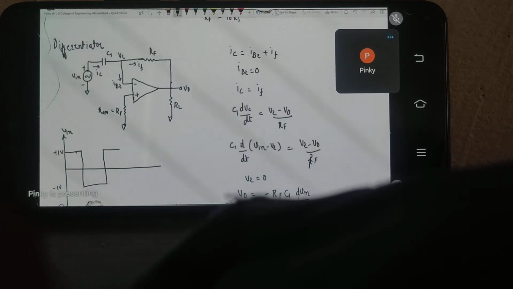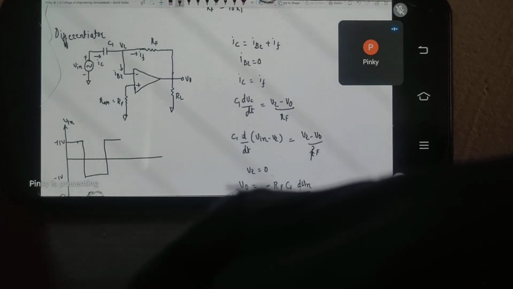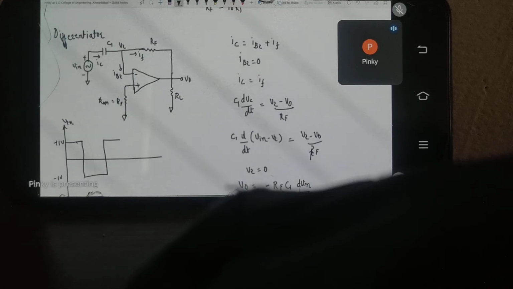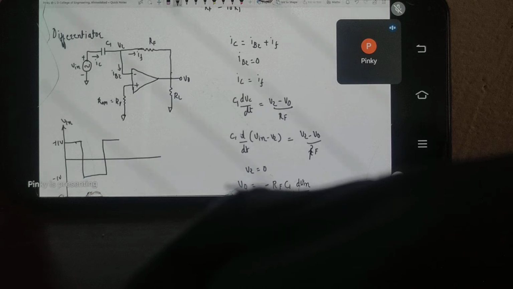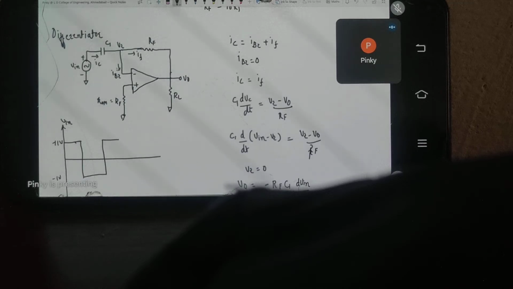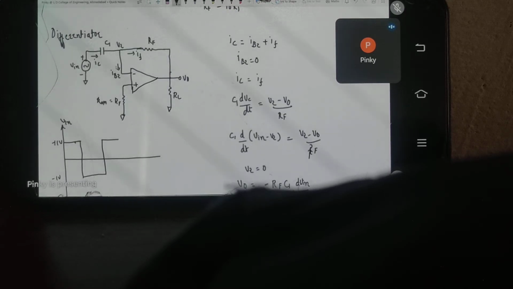Are you getting my question or not? Noise is always a high frequency signal. What is the reactance of this capacitor to this high frequency signal? Does it allow this high frequency noise, or block it? It will allow the high frequency noise to pass.